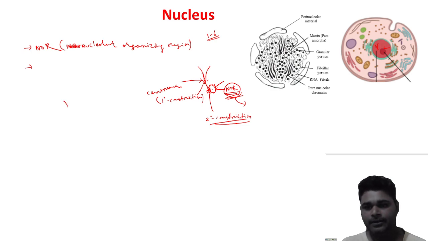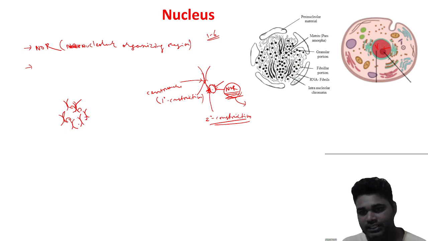For example, this is one chromosome, this is another chromosome, and another, always at the secondary constriction. By combining the secondary constrictions of the NOR regions, a nucleolus is formed.